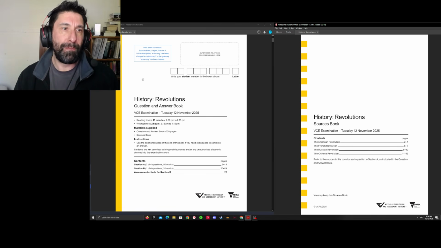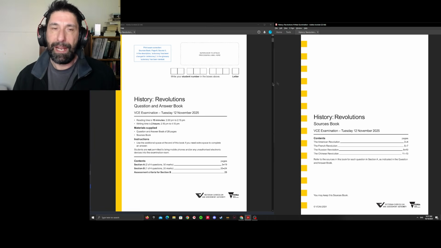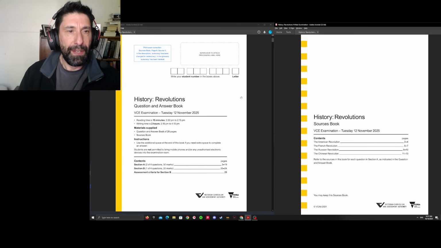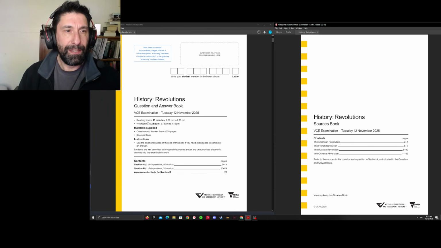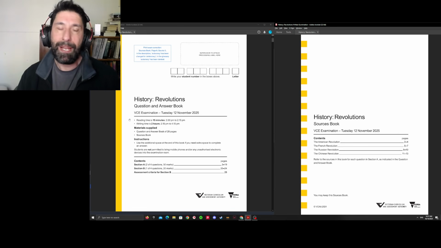As usual, I've got my question and answer book on this side of the screen, and I've got the sources booklet on this side of the screen, and we're going to scroll through and compare as we go through. So the first thing, once again, is to look at how the exam is structured in the sense of the time allocated that you have for answering various questions and so forth.